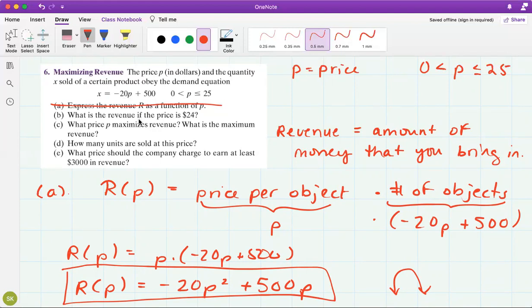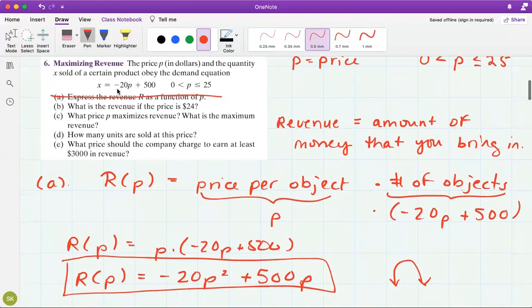And if you wanted to find the revenue, you would take that 460, the number that you sold, and multiply it by the price, which is 2. You can see how we can come up with the revenue like that, because it's price per object times the number of objects. So the more expensive the object is, the less we're going to sell.